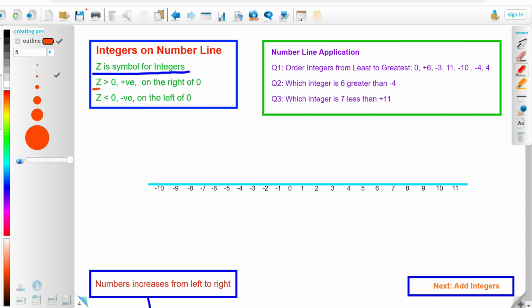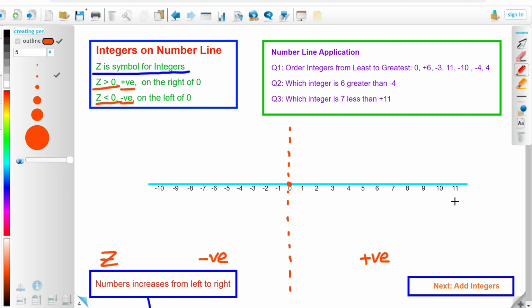It means that they are positive numbers, and if Z is negative, then they are on the left side of 0, right? So this is 0 for us. Let me mark the 0. So let's have this. This is the 0 for us. And clearly on a number line, what you see here, these are negative numbers and these are positive numbers, right? We are talking about integers, which I'm going to represent by letter Z, correct?